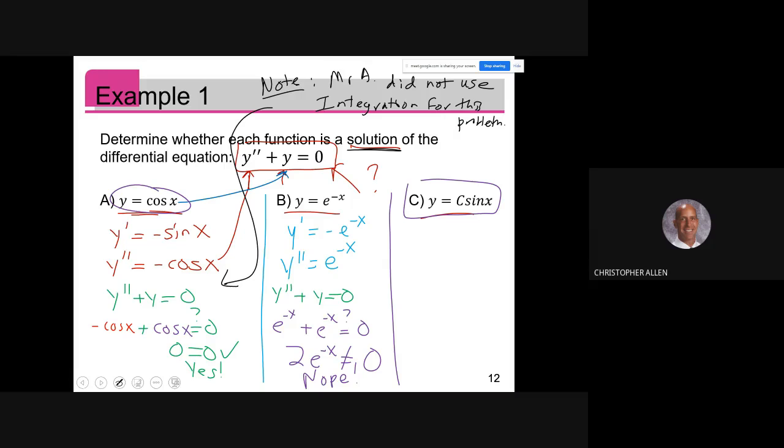We are halfway. What I'd like you to do here real quick is, I've got a little poll here. I'm just curious what you think the answer is. For example 1, part 3, is it a solution or not? Just go ahead and answer the poll question.